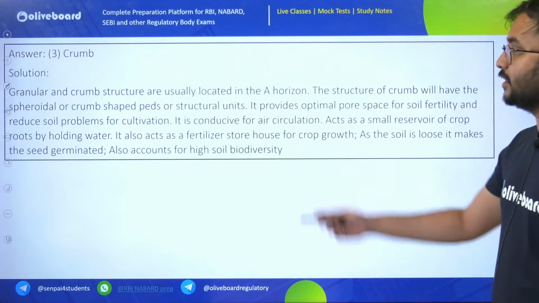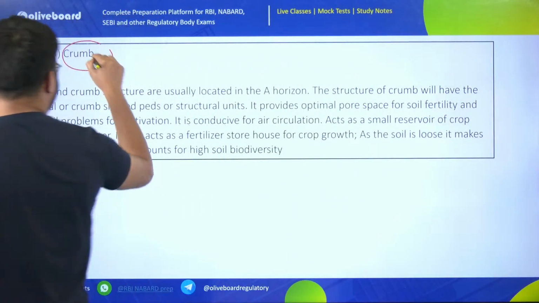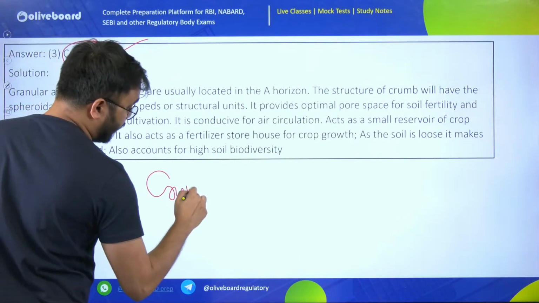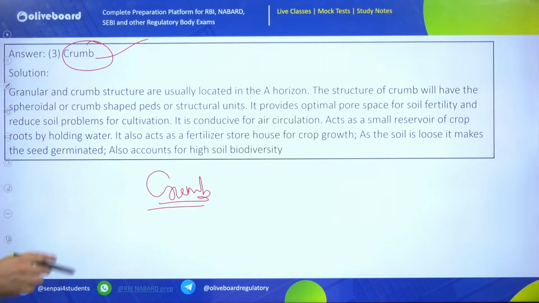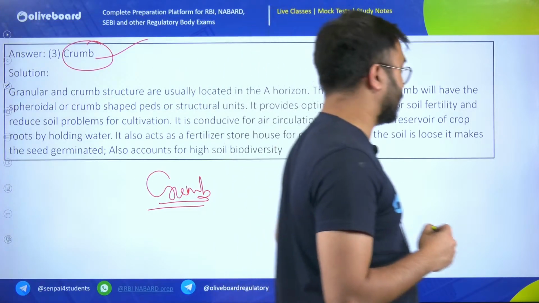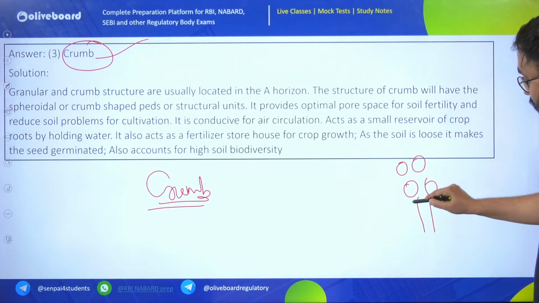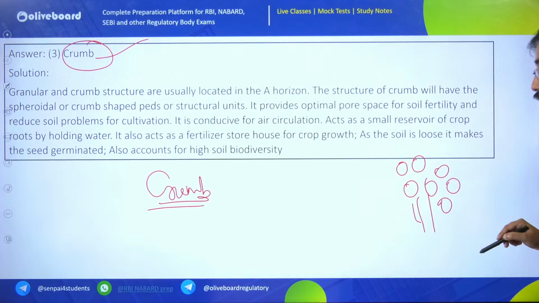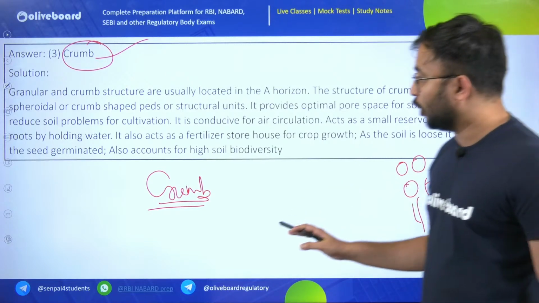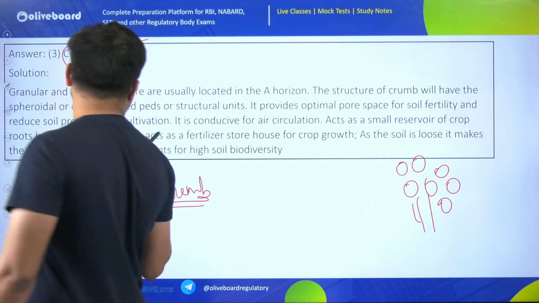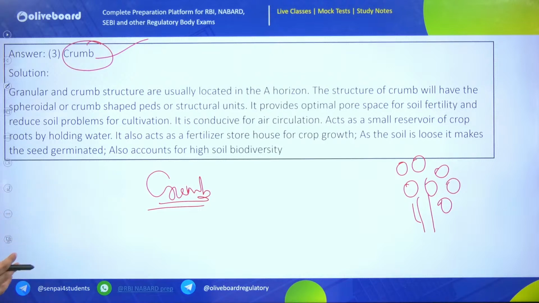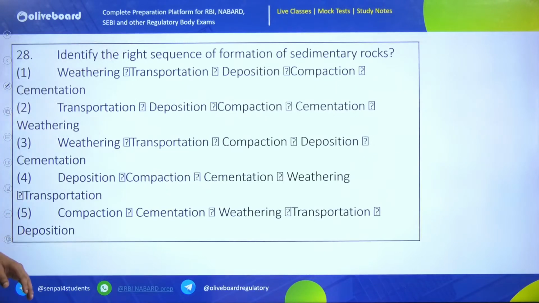So the answer here is crumb structure. Crumbs here provide enough aeration and enough space between the particles. All these things are very important so that the water holding capacity of the soil is also higher. Enough aeration and particle space is also there, which is responsible for holding water in such type of soil. So that's why crumb structure.